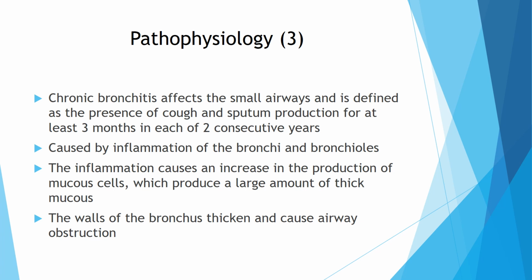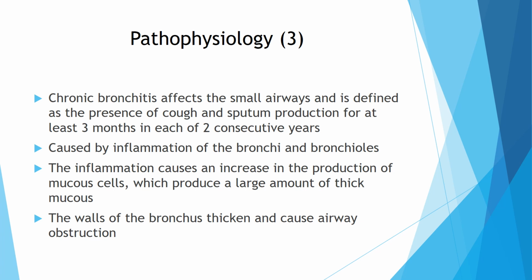So chronic bronchitis affects the small airways and is defined as the presence of cough, sputum production for at least 3 months consecutively in each of 2 consecutive years. So someone who has that lingering cough for 3 months, 2 years in a row, if investigated, would be diagnosed with COPD or chronic bronchitis.